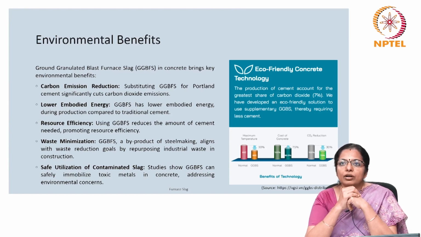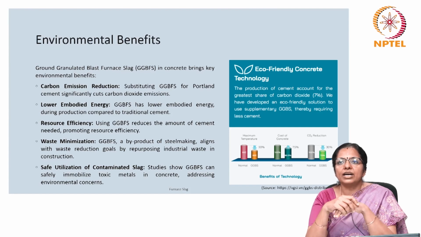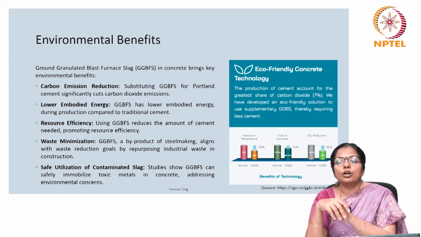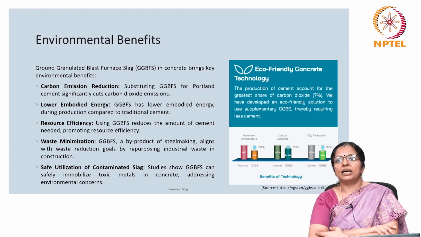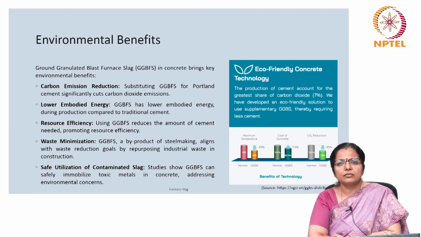Additionally, GGBFS or ground granulated blast furnace slag exhibits lower embodied energy during production compared to traditional cement, contributing to overall environmental sustainability. The resource efficiency of this material is evident in its ability to reduce the amount of cement required in concrete mixtures, promoting responsible use of materials.